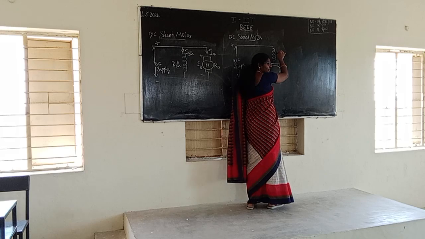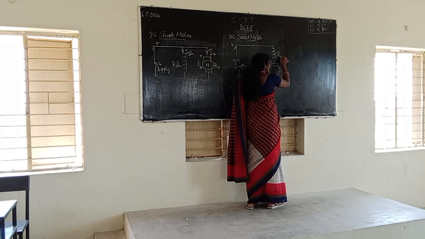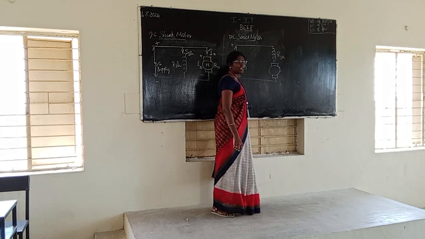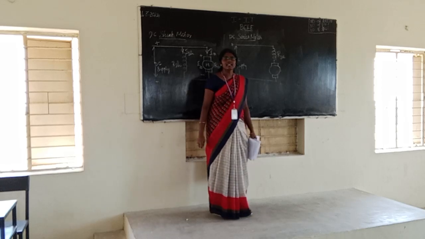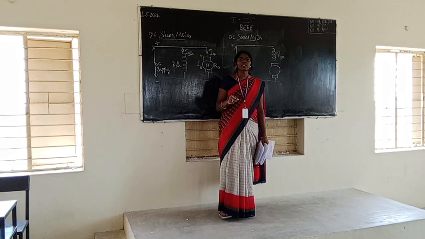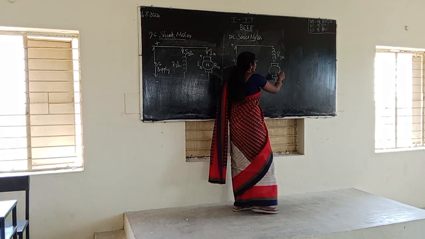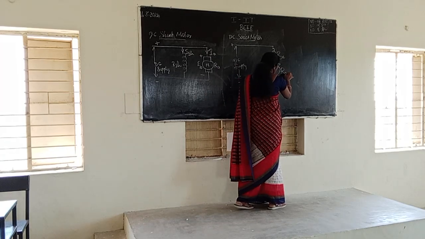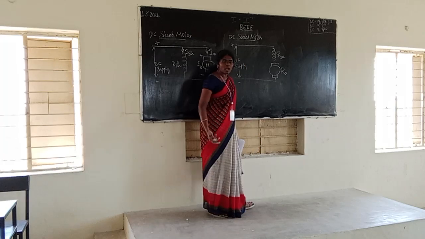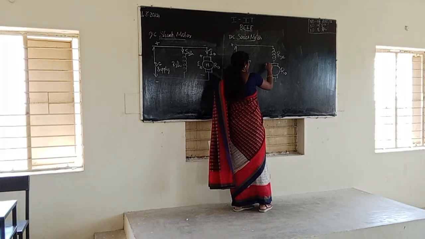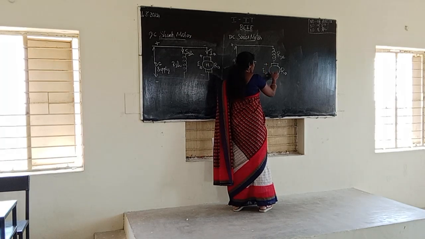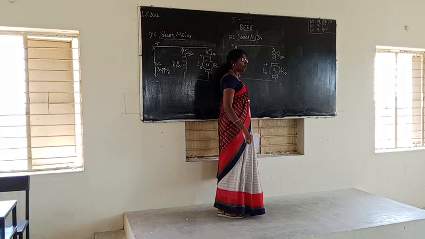Since it is series, the resistance we have to mention as RSE, whereas in shunt we mentioned it as RSH. For the armature winding, it is R suffix A. What is being generated here? Back EMF EB, and this is our motor.